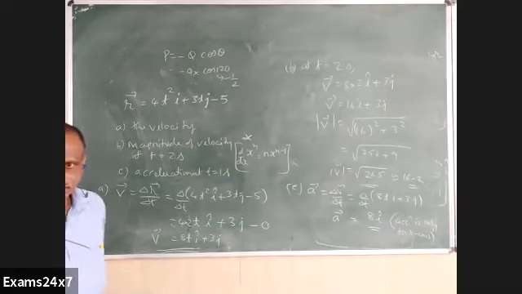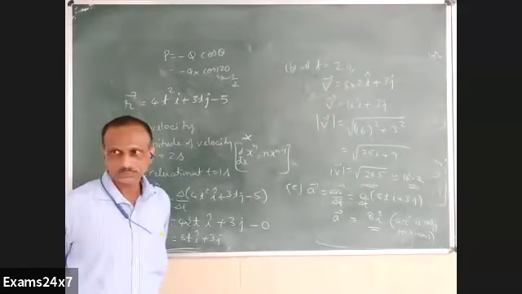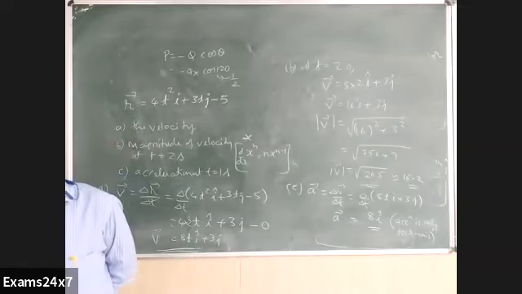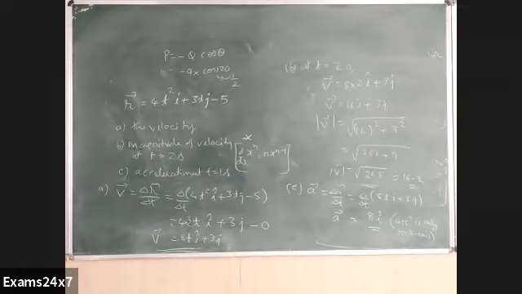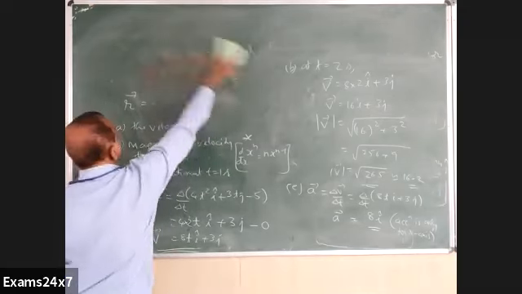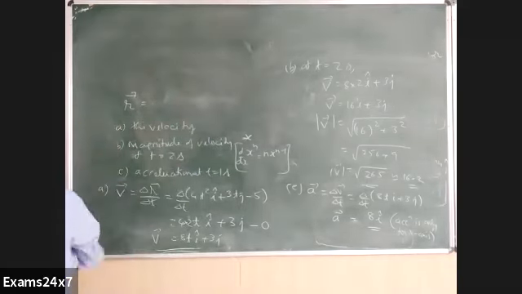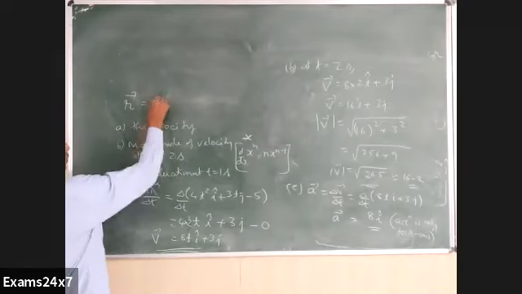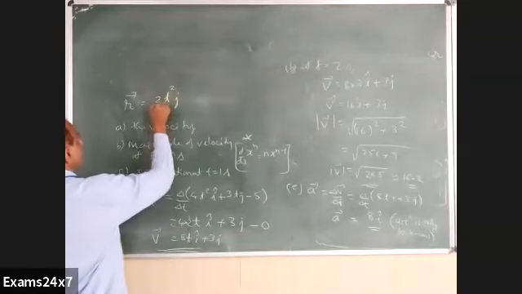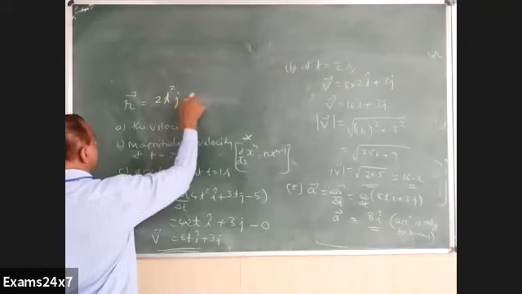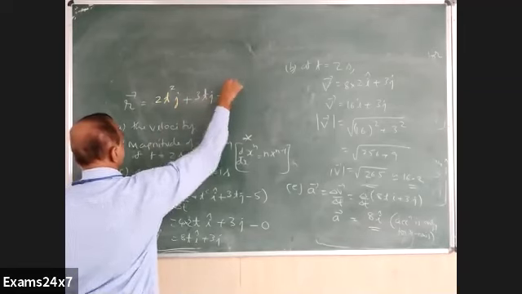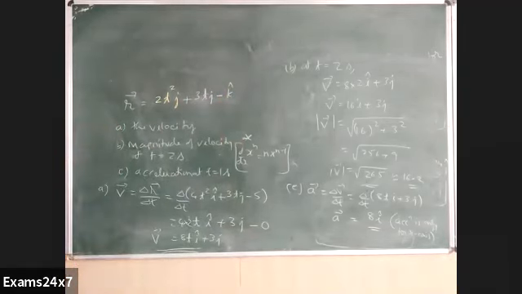Any doubt in this? I'll give a similar question, you have to solve it. It's one of the very important questions, you see, in old papers, plenty of times questions are asked on this idea. The position vector of a particle is given by 2t square j plus 3ti minus k.